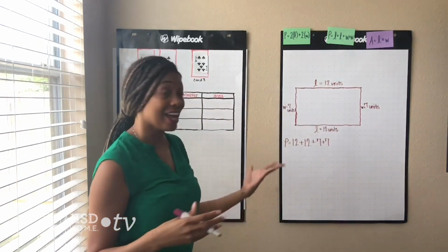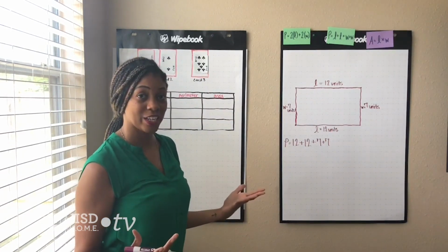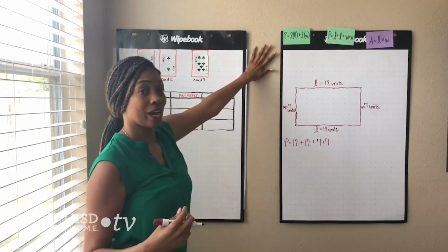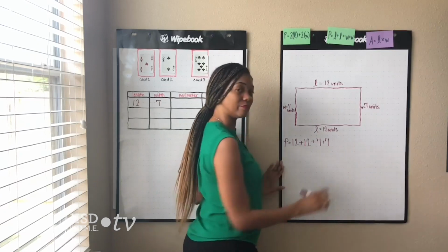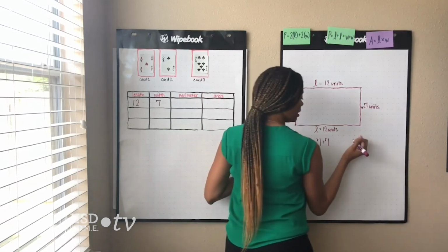So I know that is one way. But I also know I can write it using this formula. And underneath it, or actually right next to it, I'm going to write that formula.